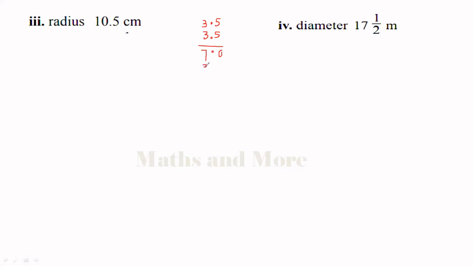I will add another 3.5. Some problems you can easily simplify when we consider 3.5s. Now let's get 5 plus 0, 5. 3 plus 7, 10. 10.5. Let's add another 3.5 for this problem.